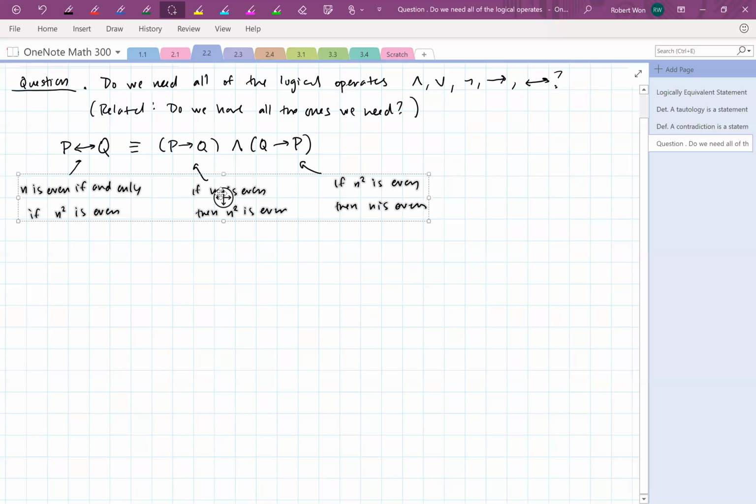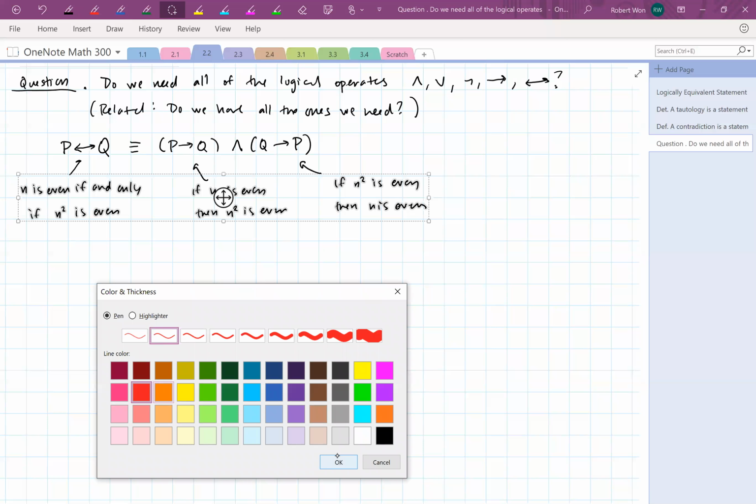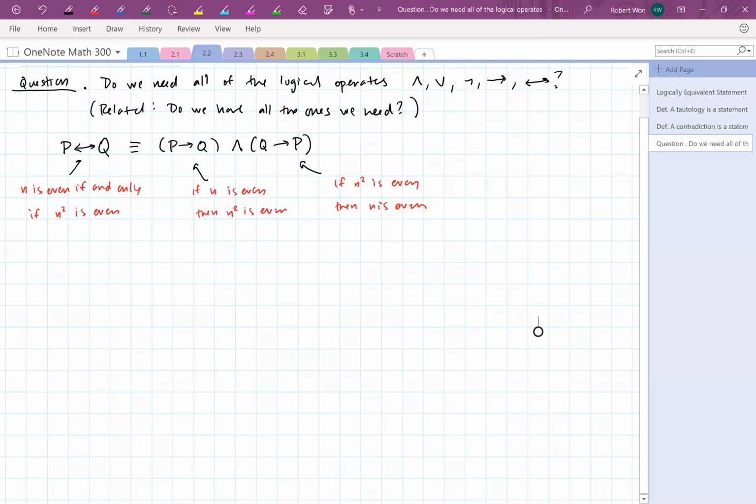But it's clear, right, that if I prove to you that this was true and this was true, you would agree with me that this one is true. So in other words, I don't need if and only if. I don't need the biconditional. If I just had the other four, then I could express the biconditional in terms of just and and if then.